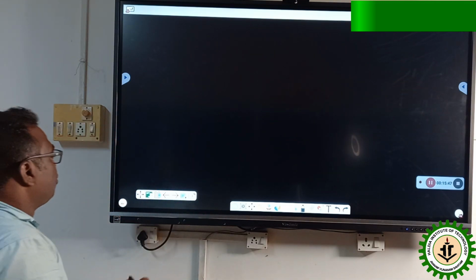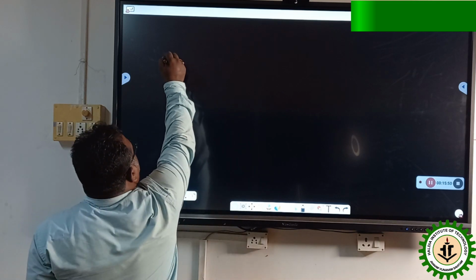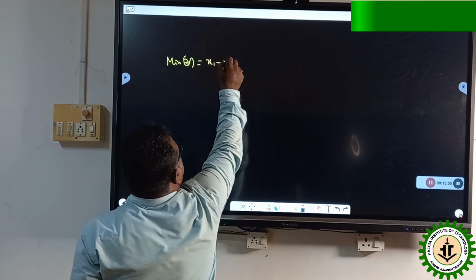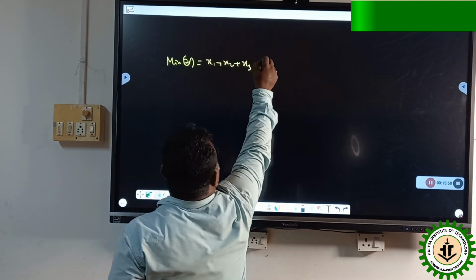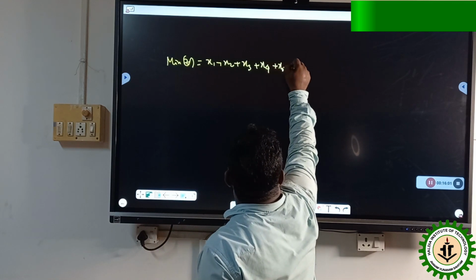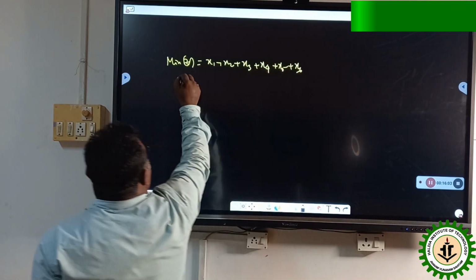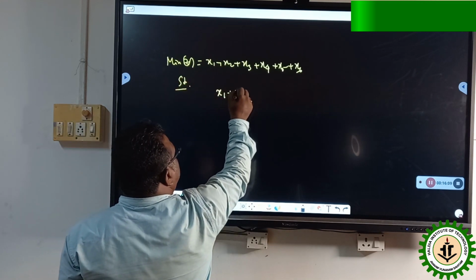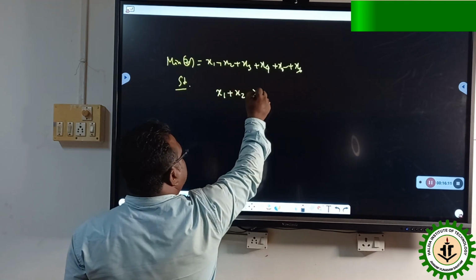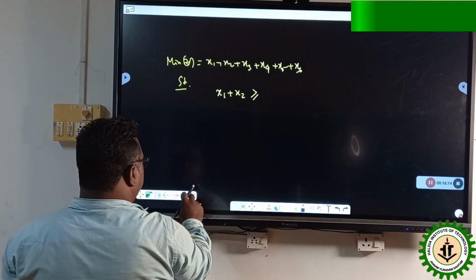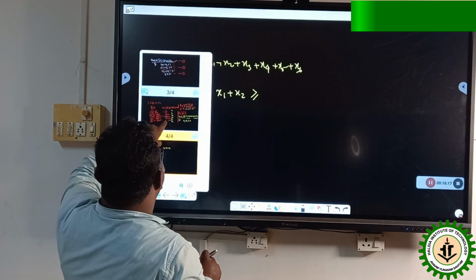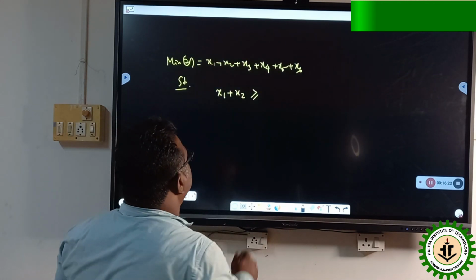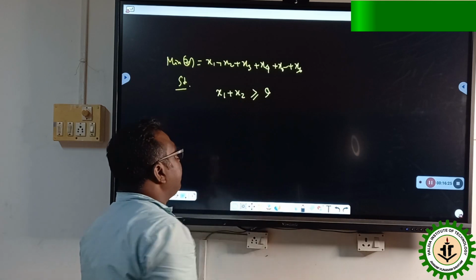So you can see, we are writing here: minimize z equals x1 plus x2 plus x3 plus x4 plus x5 plus x6, subject to the constraints. The first one is x1 plus x2 greater than or equal to, from what you got here, 9.